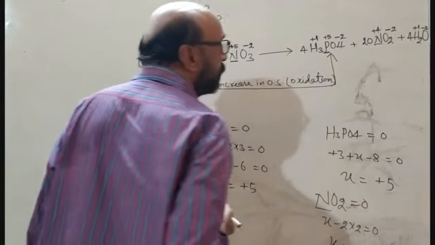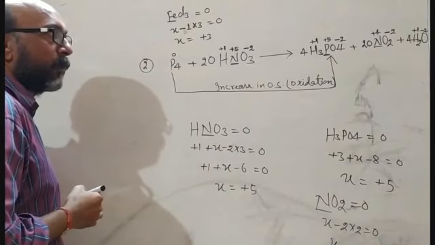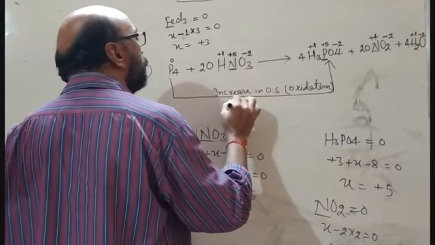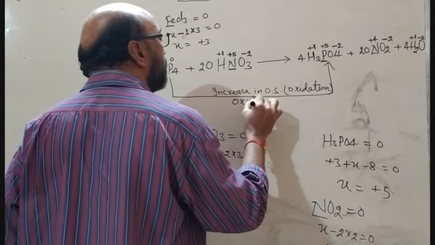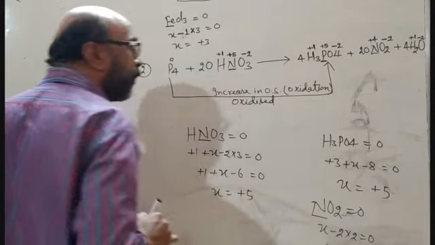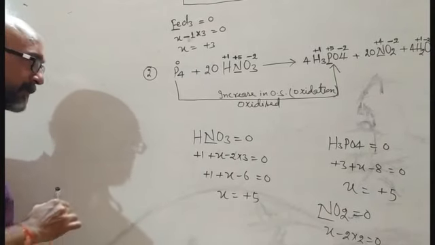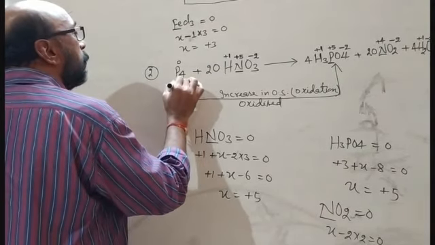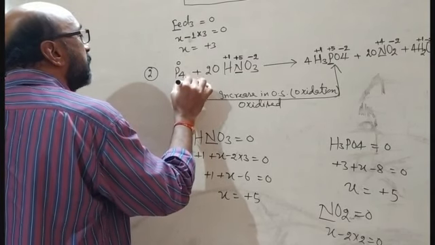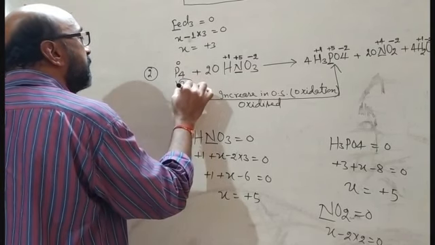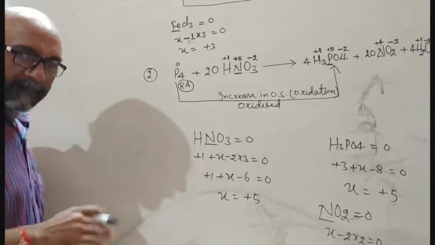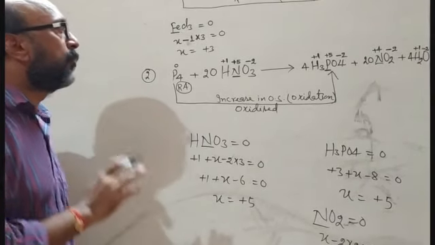Therefore, phosphorus undergoes oxidation to form phosphoric acid. We can say phosphorus is oxidized to form phosphoric acid. Therefore, phosphorus is a reducing agent in this reaction. Clear?